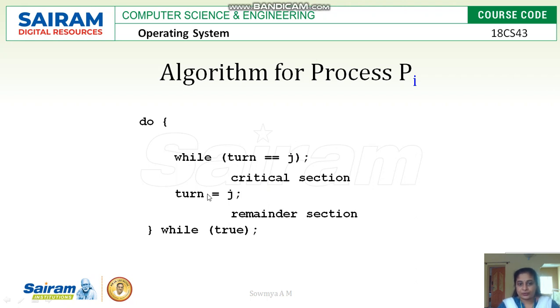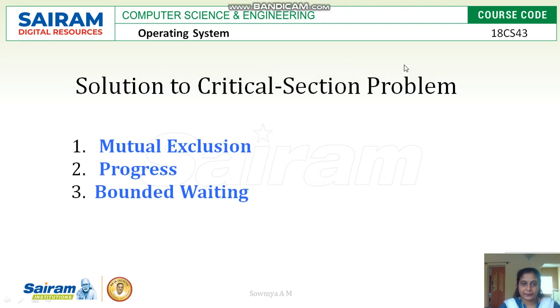Then the turn value is assigned j, which is the exit section, and the remainder section is executed. As long as the while condition turn equals j is true, the critical section remains under the execution of process Pi.